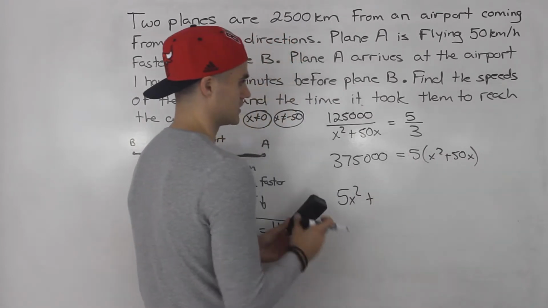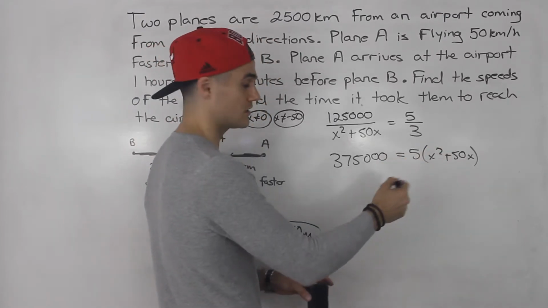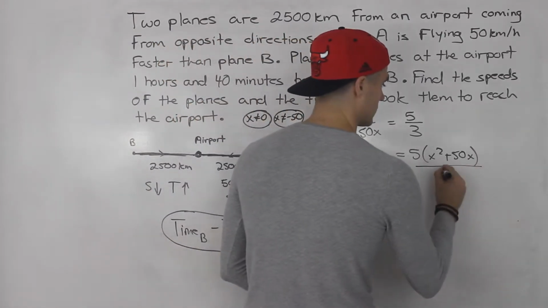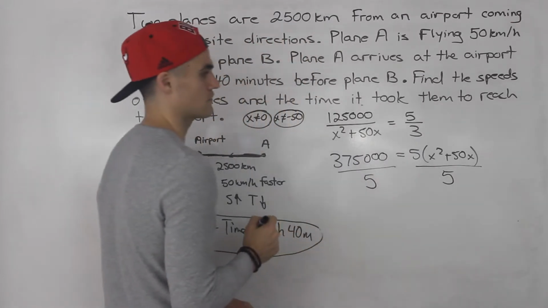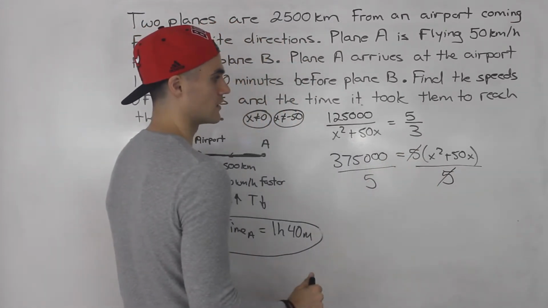Actually, you know what? Let's not do that. You could expand it inside the bracket if you want, but then you're going to have to factor out a 5 after. What we can do at this point is we could just divide everything by 5. These 5's cancel out. What we do to one side, got to do to the other.